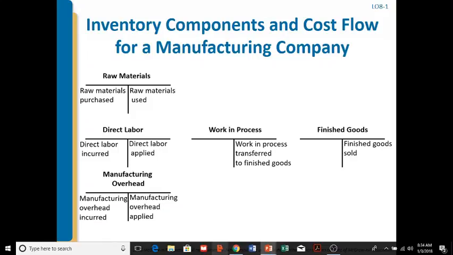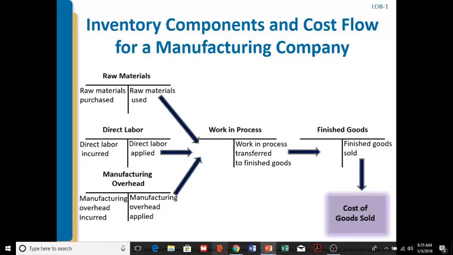These components become part of the work in process inventory, and once the work in process inventory is complete, it's passed on to finished goods inventory. Once the finished goods are sold, they become part of cost of goods sold. Anything not yet manufactured or sold becomes part of ending inventory.